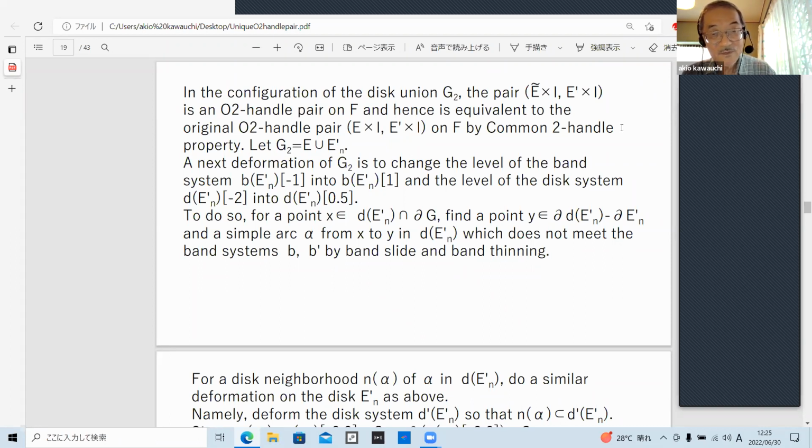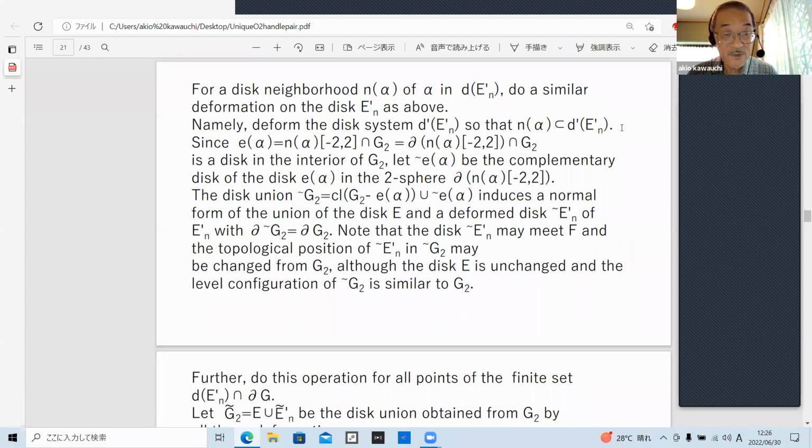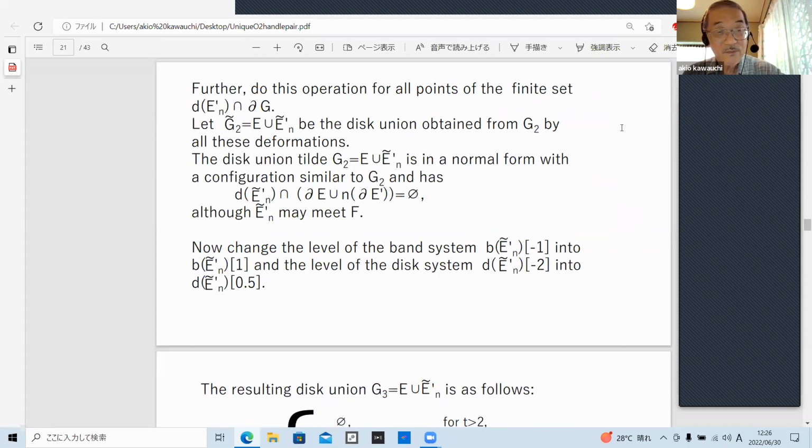Also the very same method: such a minimum disk is just deformed. E dash n is deformed to E dash n tilde, with boundary E and boundary E dash n. But it's not a very small collar, so there is also no intersection.